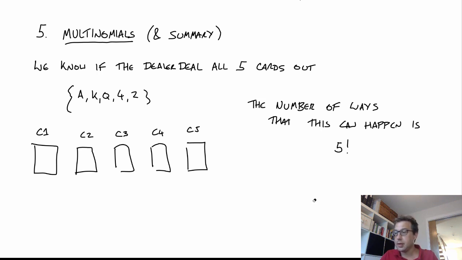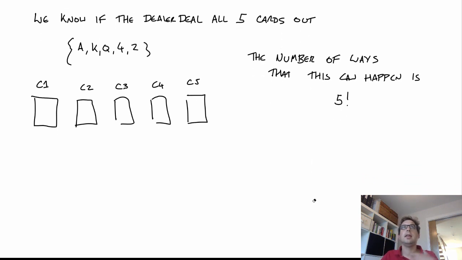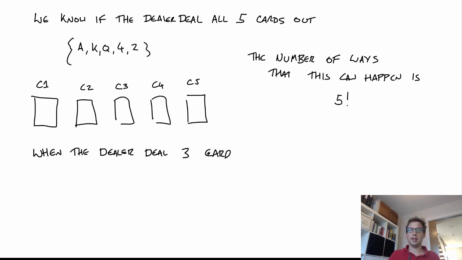But when the dealer deals 3 cards instead of 5 cards, what changes? The dealer gets the deck of cards, puts card 1, then card 2, then card 3, and doesn't put it back in the deck.